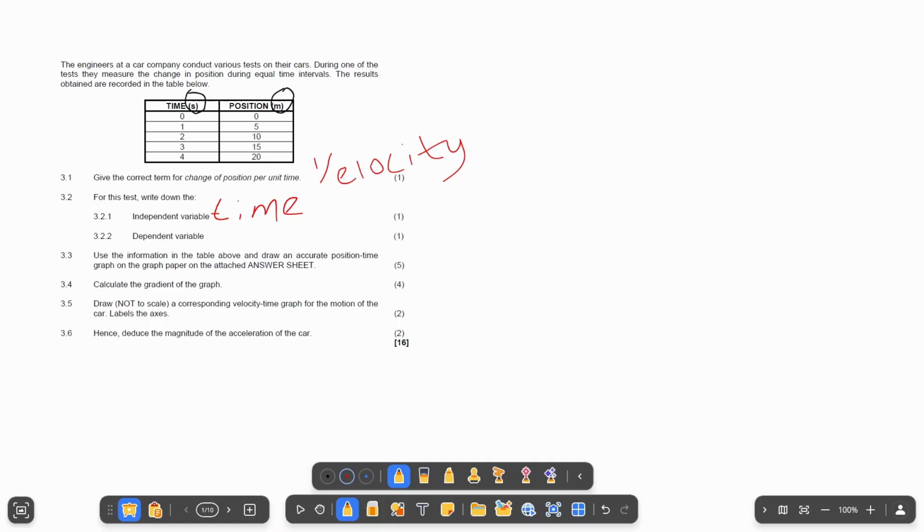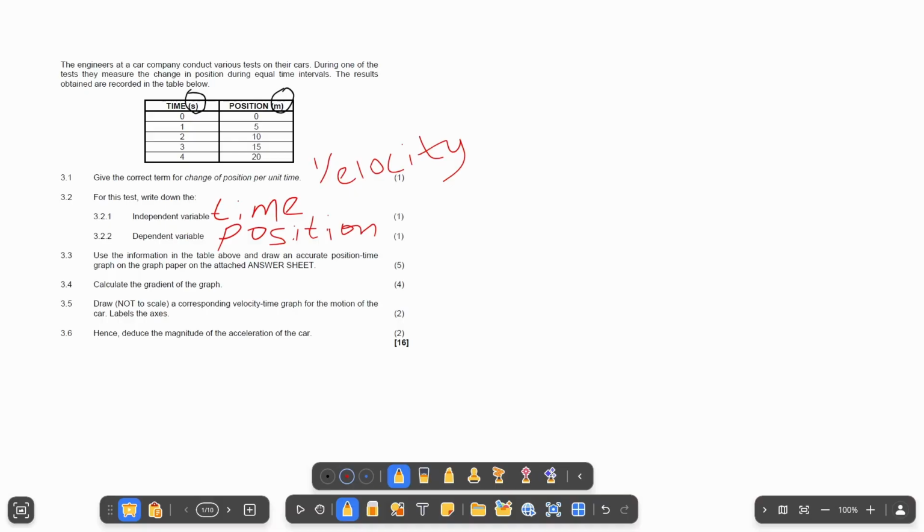Always remember that, time is always independent. Obviously, because there are two variables, the dependent variable here will be the position.